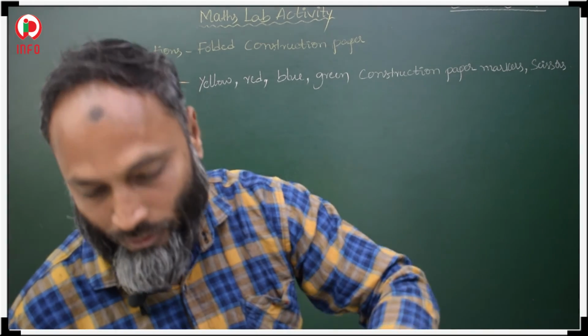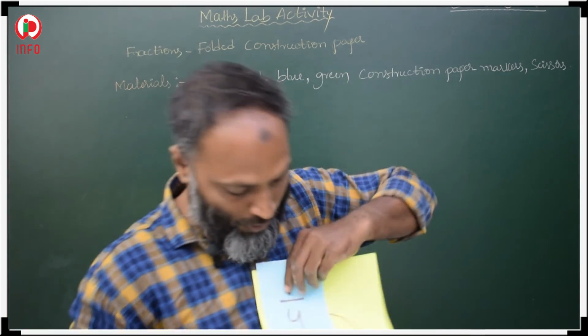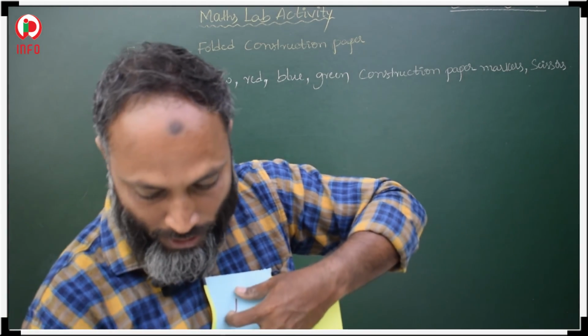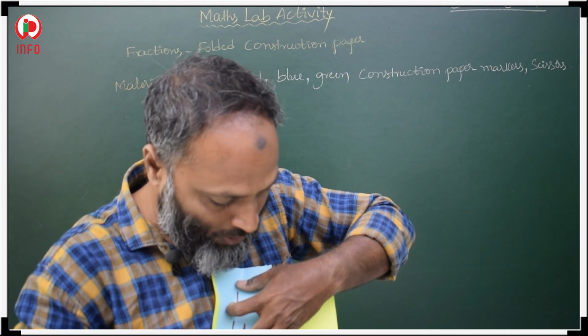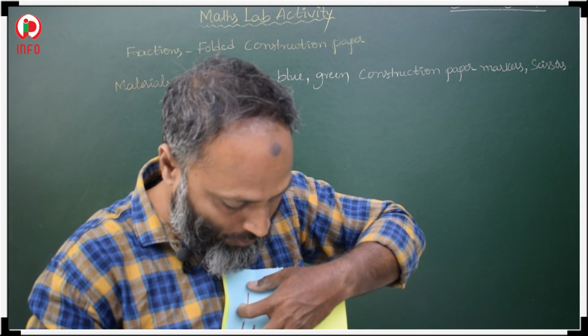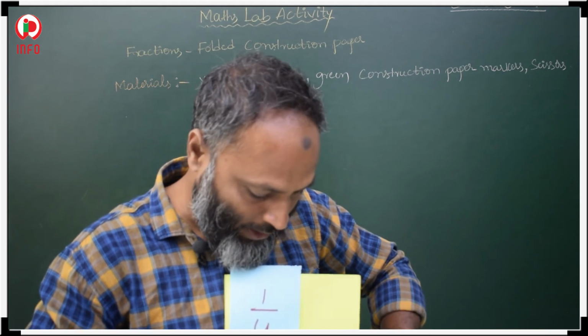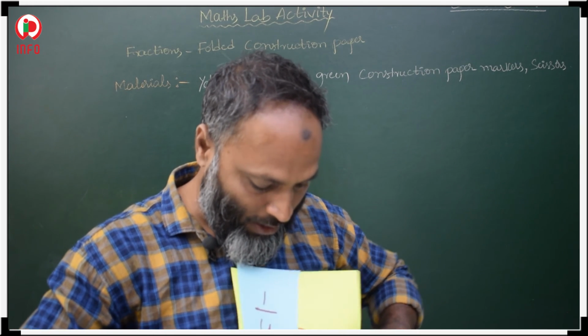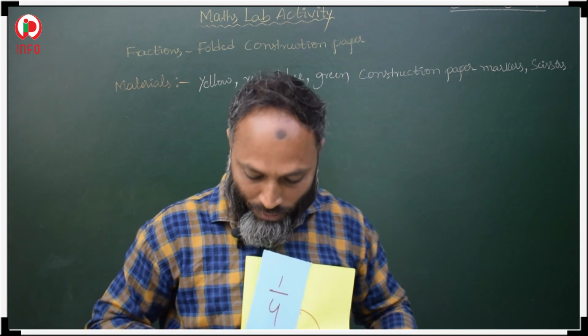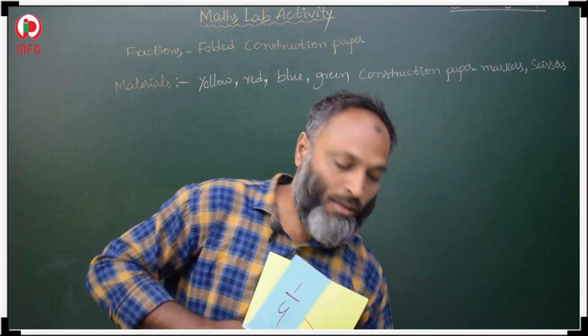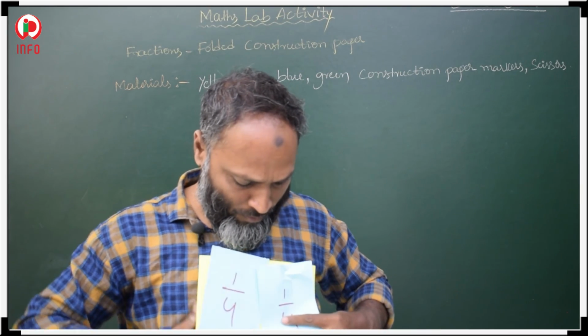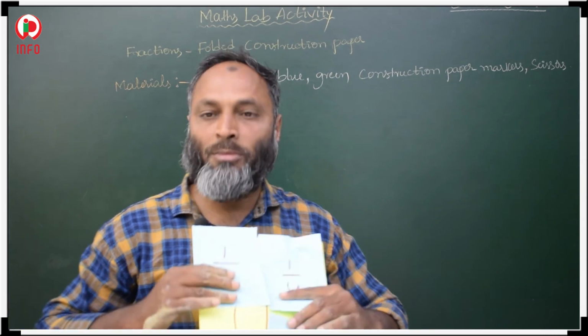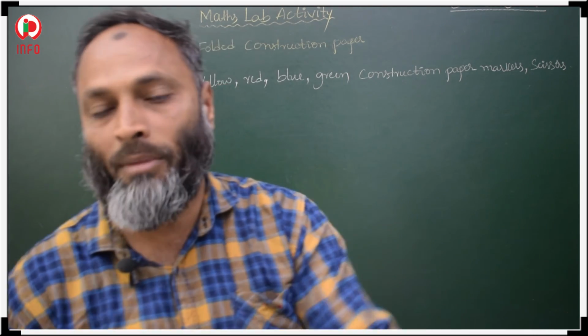If you keep 4 1/4s like this, then you will get a whole. 4 1/4s make a whole.